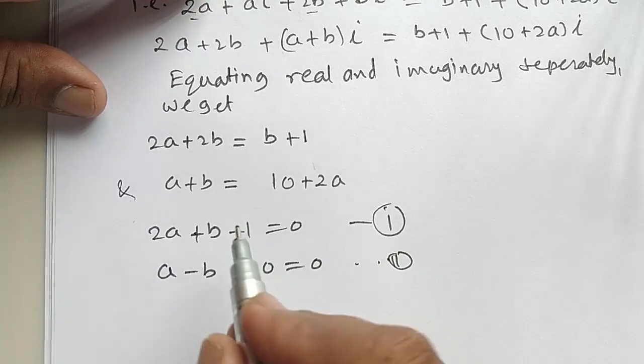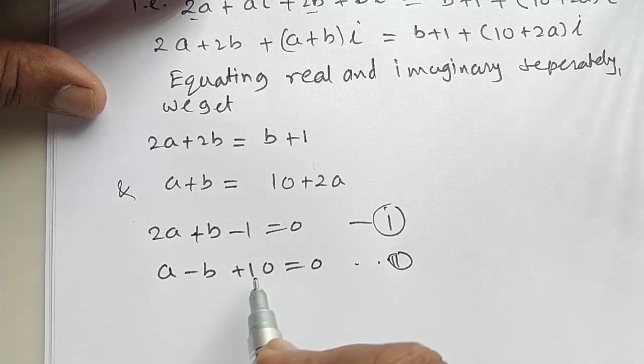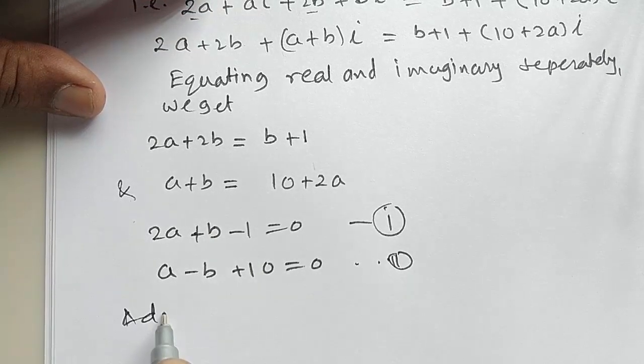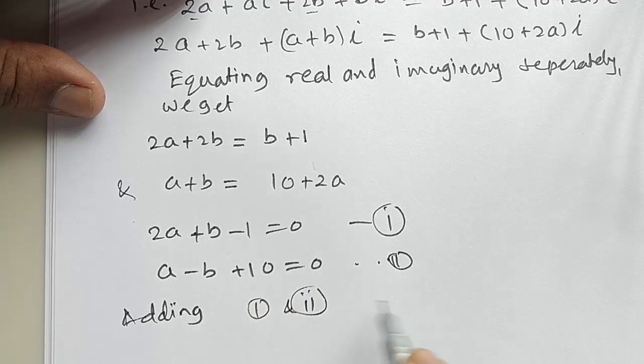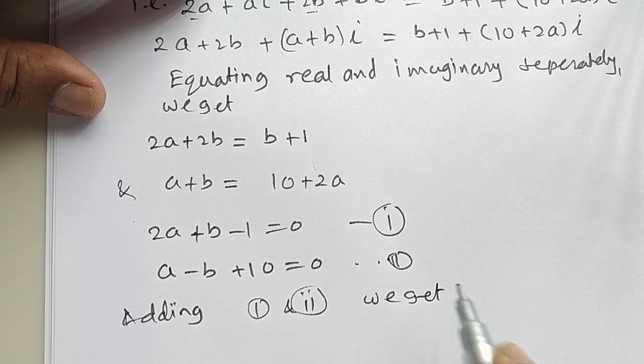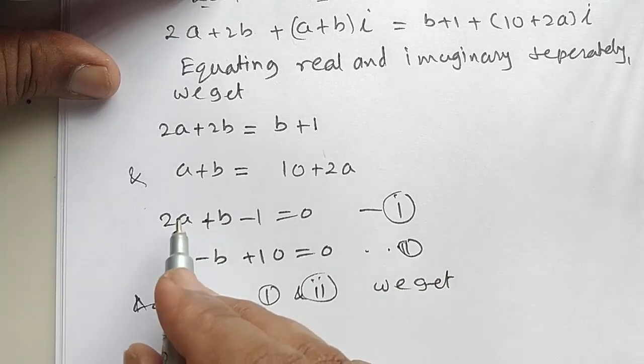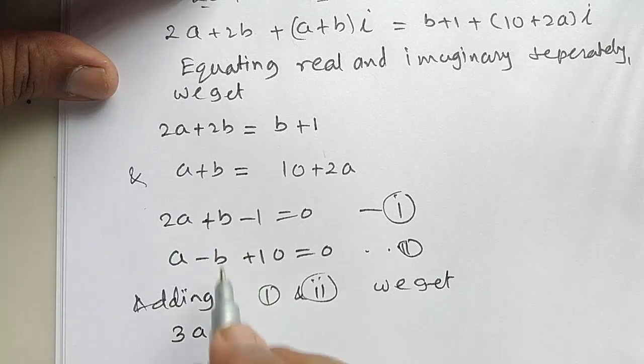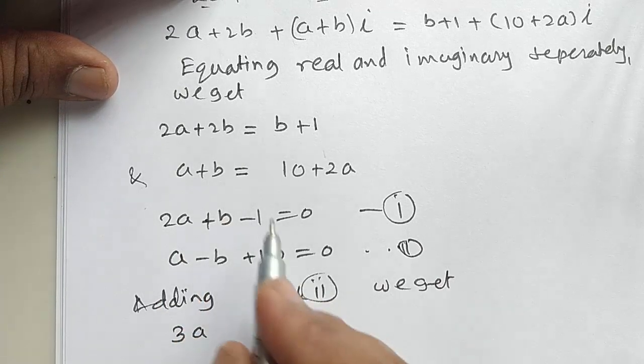Now, adding these two equations 1 and 2, we get plus b and minus b get cancelled. Adding 1 and 2, we get 2a plus a become 3a. b minus b get cancelled.